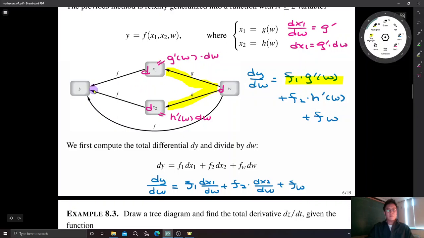Plus the partial variation from dx2, so f sub 2 times dx2, but instead of dx2 we substitute h prime dw. And then finally, the change in w also has a direct effect on y through this channel. That is f sub w times dw. Okay, so the last one. Right, so after writing this total differential, we can divide it by dw to obtain the same expression.